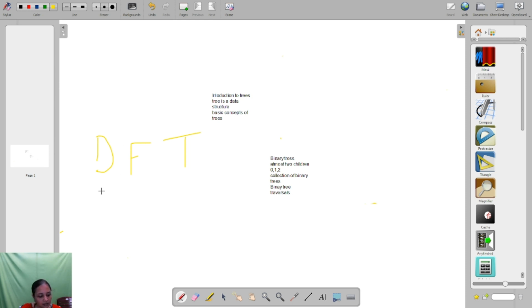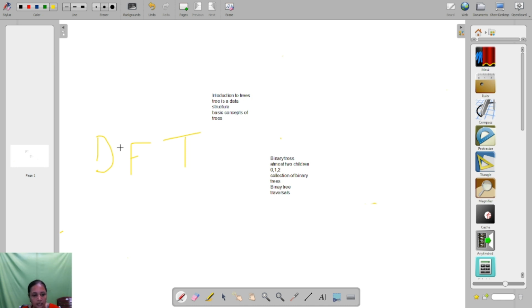The second one is breadth first search. In breadth first traversal, each level is completely processed before the next level is started. In depth first traversal, all of the descendants of the child are processed before the next level. That is the definition of depth first.